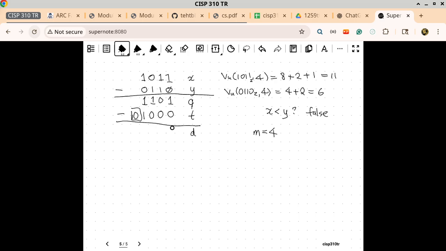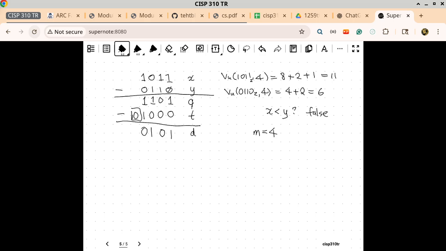So D is the exclusive or between the Q and the T of the same column. So this is 1, this is a 0, this is a 1, this is a 0. Does that make sense? 0, 1, 0, 1 is a 5. 11 minus 6 is also a 5. So, just a quick sanity check means I probably did everything correctly.